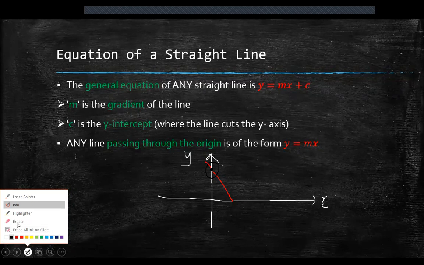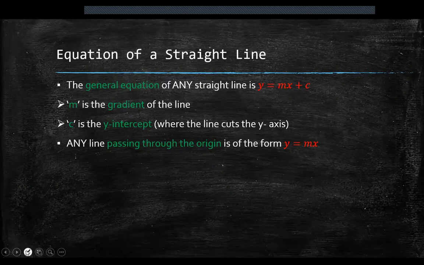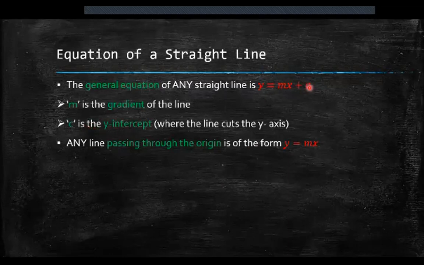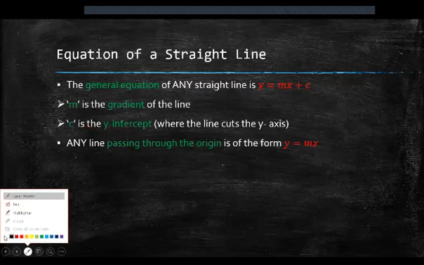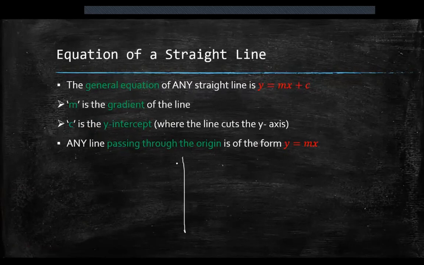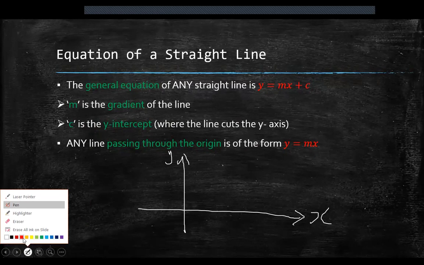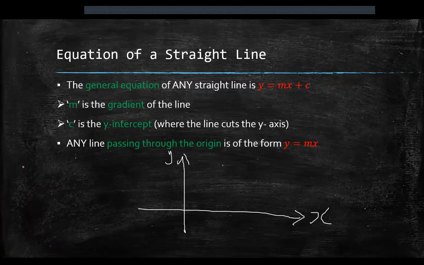Yes, miss. All right. On any line passing through the origin, it'll be of the form y is equal to mx. Realize there's no y-intercept in this case. Here's y. So I have my y-axis like usual, and this is my x-axis. The origin has the coordinate 0, 0, and that's this point right here. This point is called my origin.